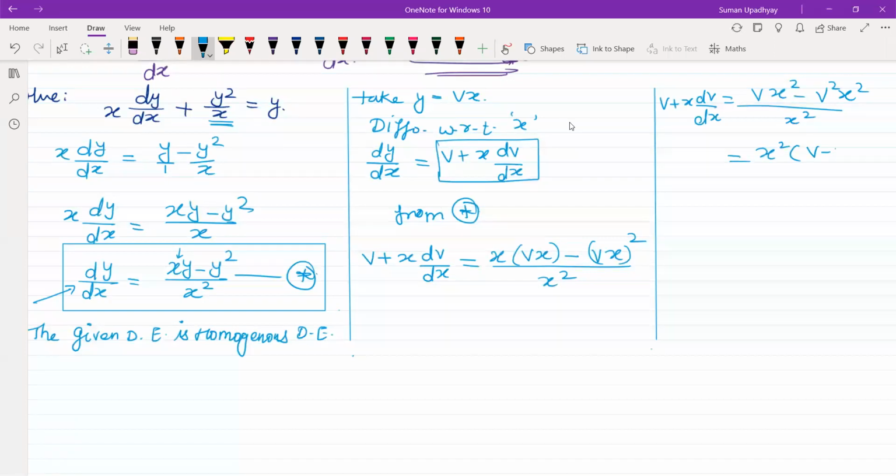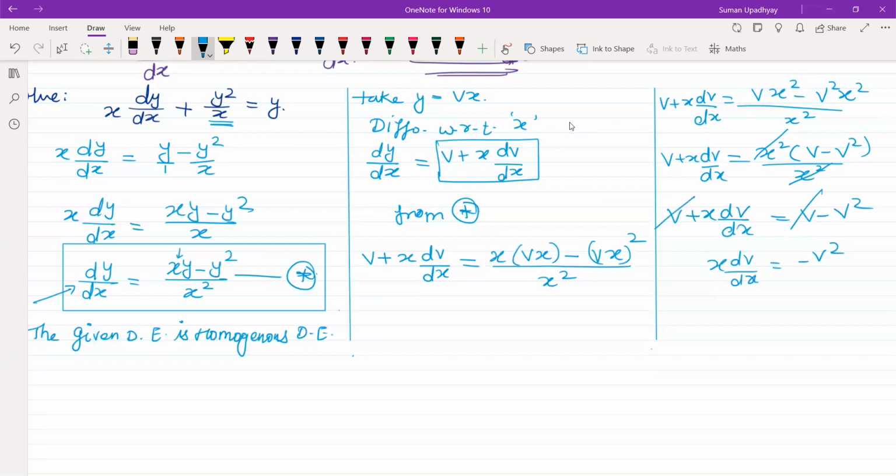What will be left inside? v minus v square, upon x square, so this and this will get cancelled. Then v plus x dv by dx equals v minus v square. Cancel v on both sides. So what is left is x dv by dx equals minus v square.